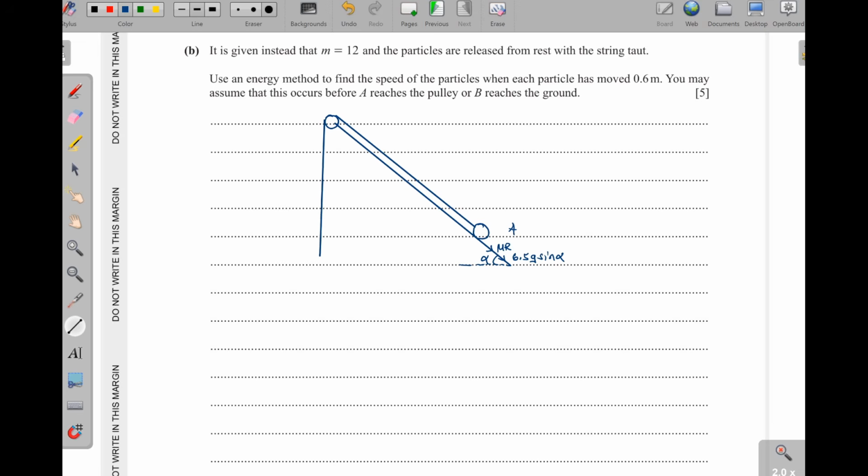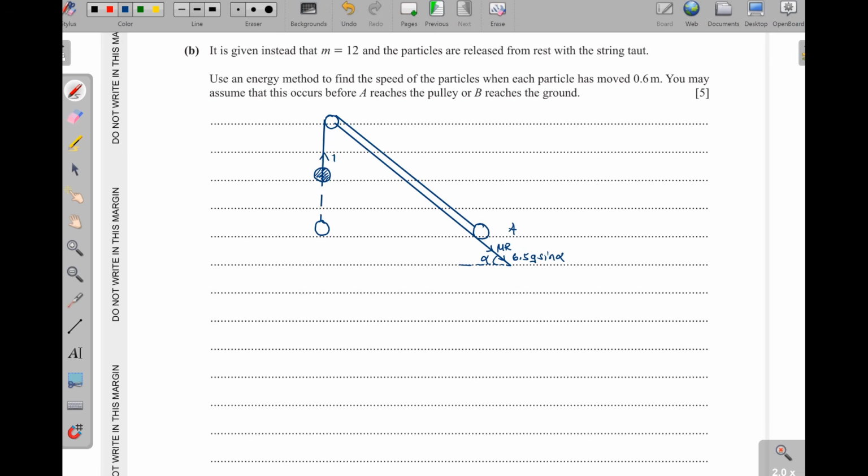Now I'm going to have positions in here. So let's say B has reached here. This is the new position, but the first position is here. Let me even make it a little bit dotted.